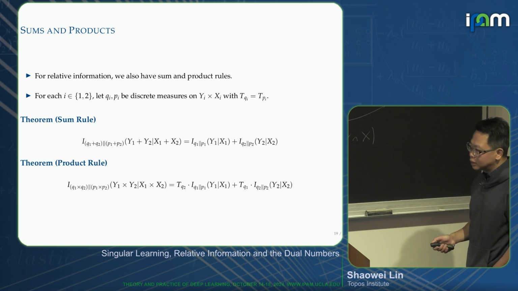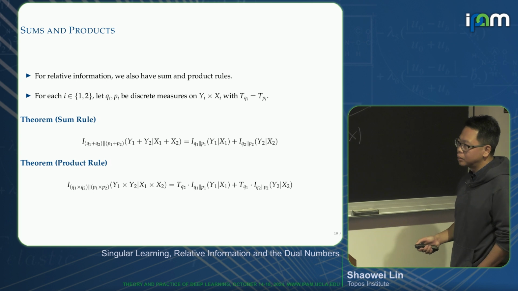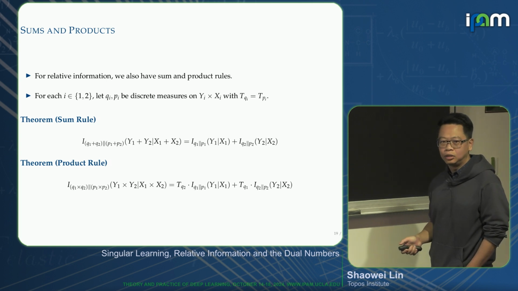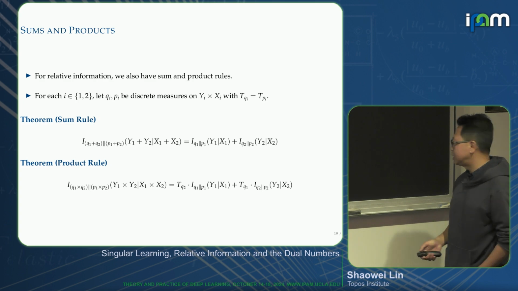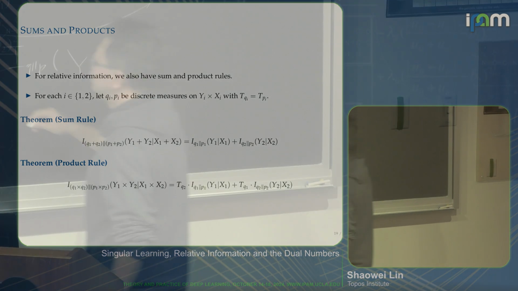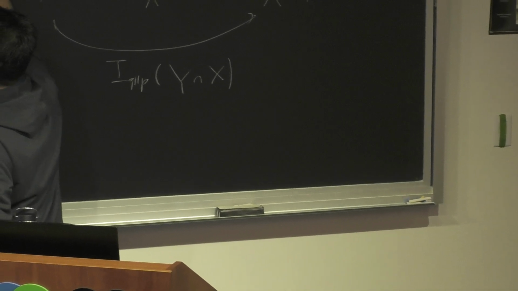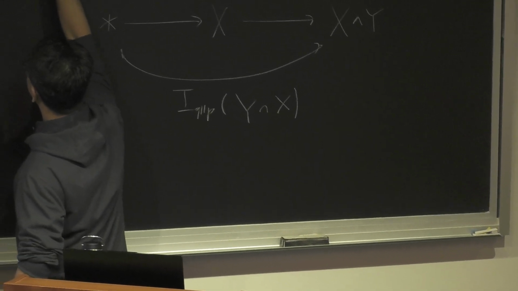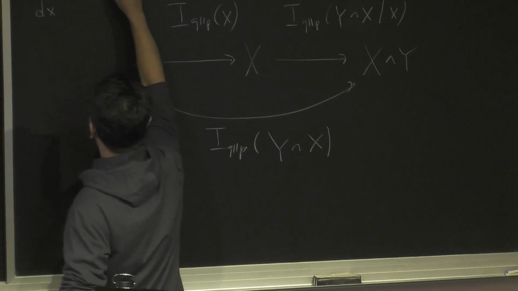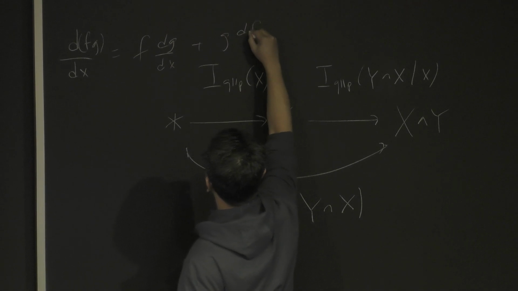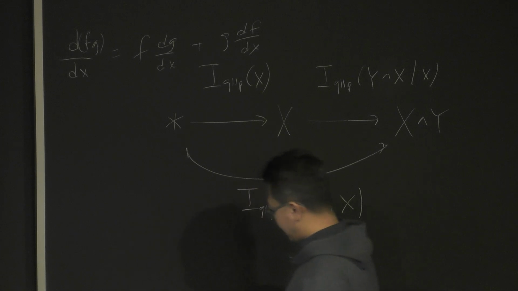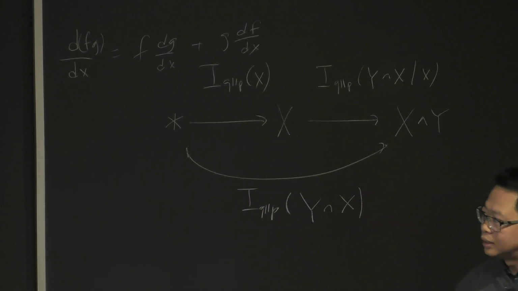There was an observation about a decade ago that this looks a lot like the product rule for differentiation. In differentiation, the derivative d/dx of f times g is f dg/dx plus g df/dx. And this looks a lot like that.